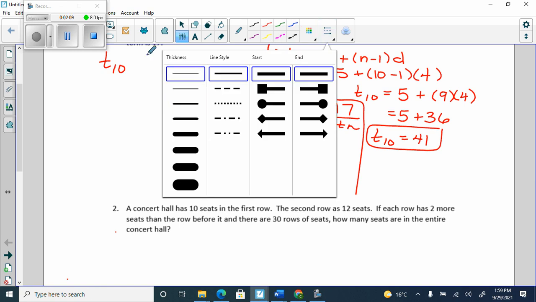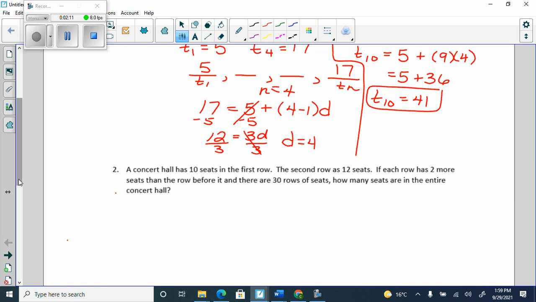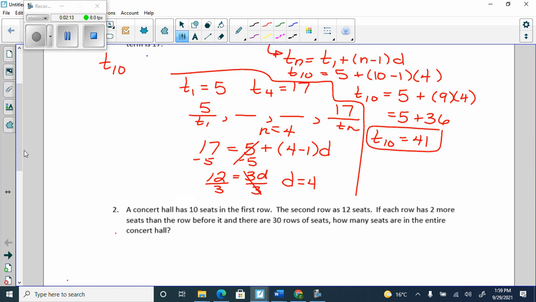Now, yesterday we talked about this one. A concert hall has 10 seats in the first row, so I gave you T1 is 10. And then in the second row there are 12. It doesn't say in the first two rows there are 12, because that would be sum, correct? It says in the second row there are 12, so that's T2.